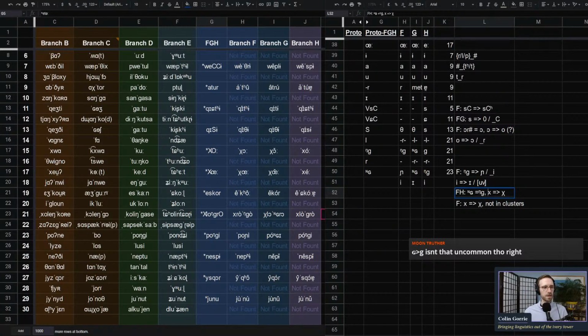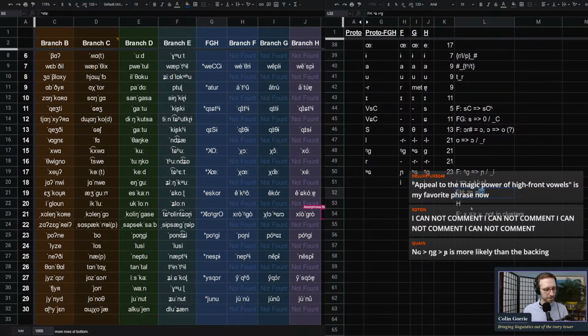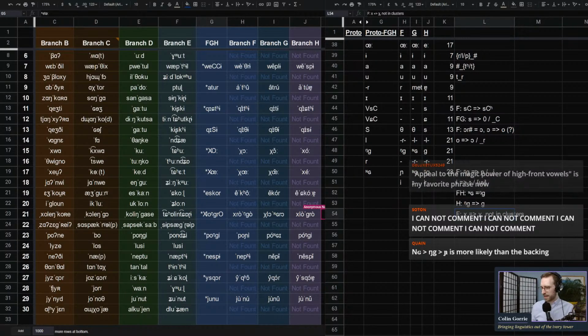To Nga, Kha to Khe. And then in H, we would have Nga going to G. So that changes. Fed.